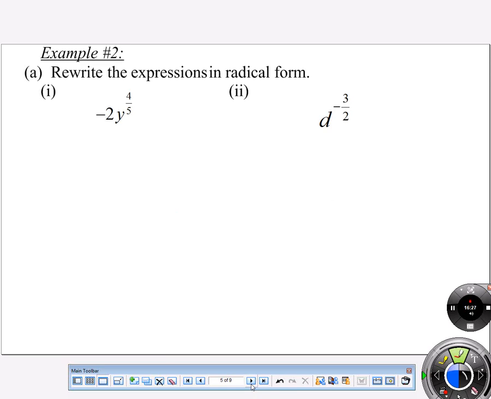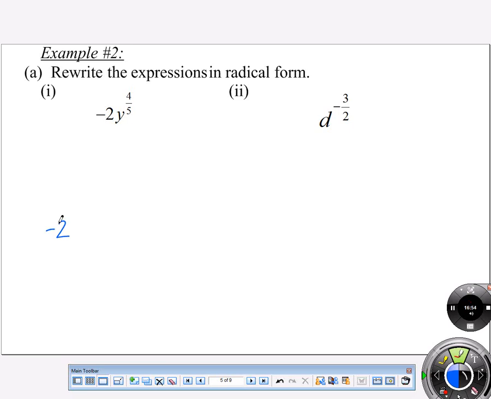All right, so the next thing we want to do is just rewrite things from exponent form to radical form. So in part 1 of the example, -2y to the 4/5. The 4/5 exponent is on what? What factor is to the power of 4/5? Y. Is 2 also to the power of 4/5? No. Okay? So -2 is not in a radical.